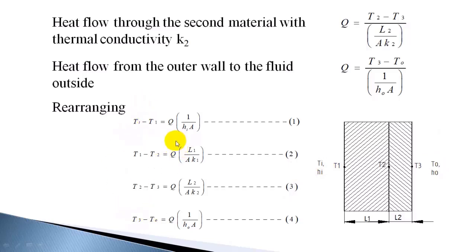That is equal to Q, which is common, into the resistances: this is the convection resistance, this is the conduction resistance of the first layer, this is the conduction resistance of the second layer, and this is the convection resistance on the outer surface. So Q into the sum of all these resistances.